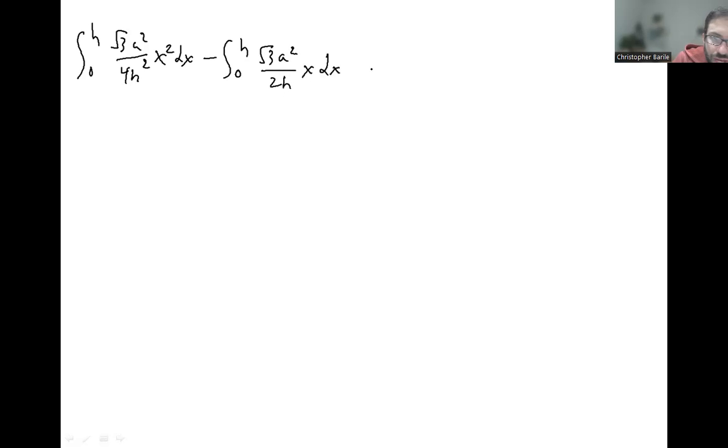Those are the terms we combined, and then the last one was just the integral of a constant, root 3 a squared over 4 dx. Now that we have everything looking pretty nice, we can pull out the constants and start to actually integrate this stuff. So our constants are root 3 a squared over 4h squared.